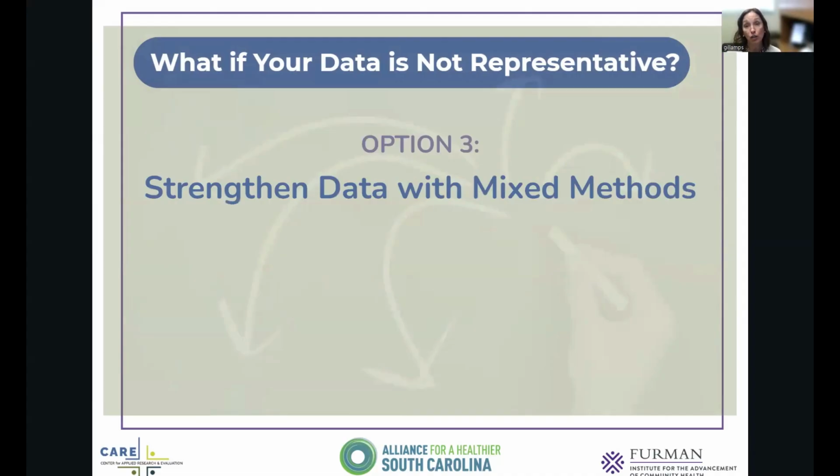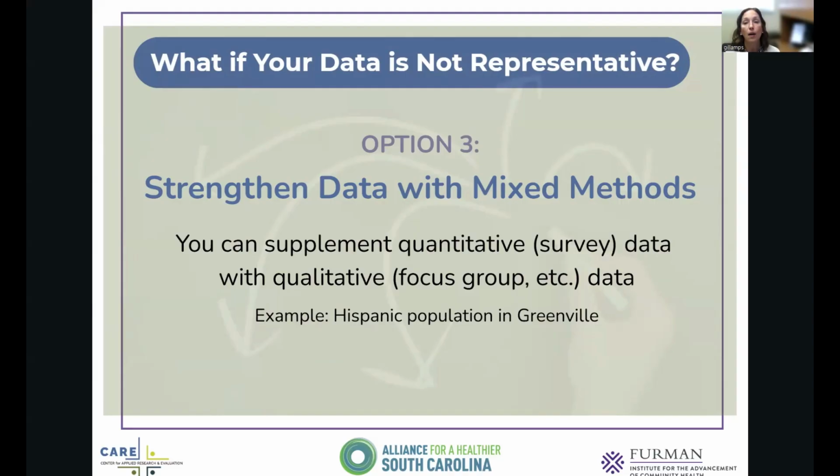Option three is you can strengthen your data. If you're only doing quantitative data collection through surveys, how can you supplement that through qualitative data collection? So get out there and conduct focus groups, conduct community listening sessions.